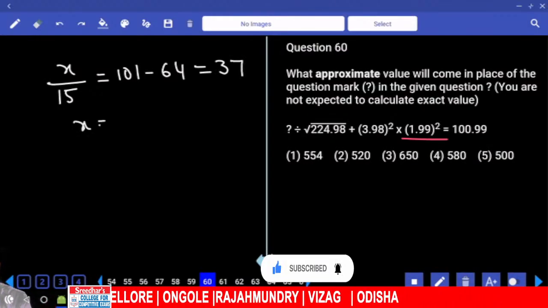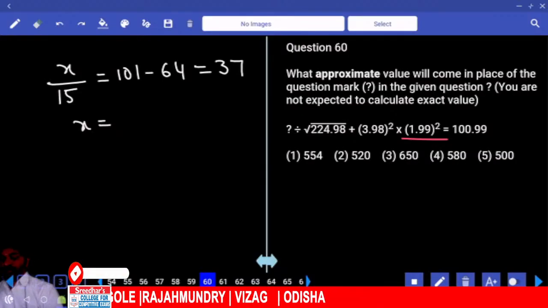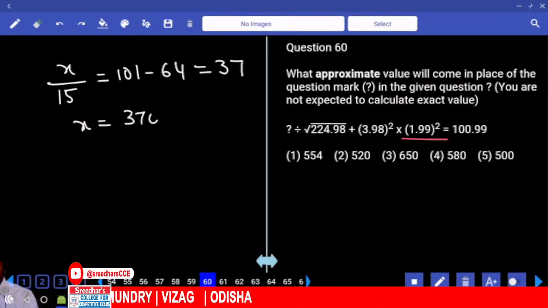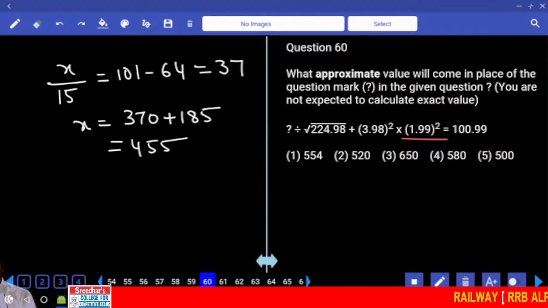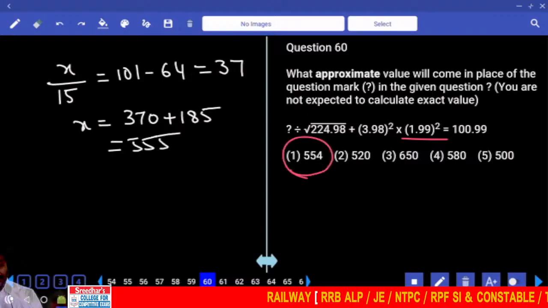Then x is equal to 15 times 37. 10 times is 370. Half of this is 185. 450. 4 or 5? 555. Approximate 554.